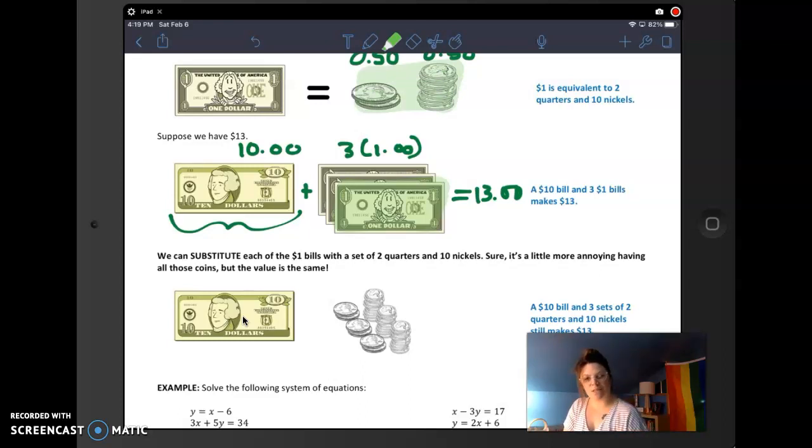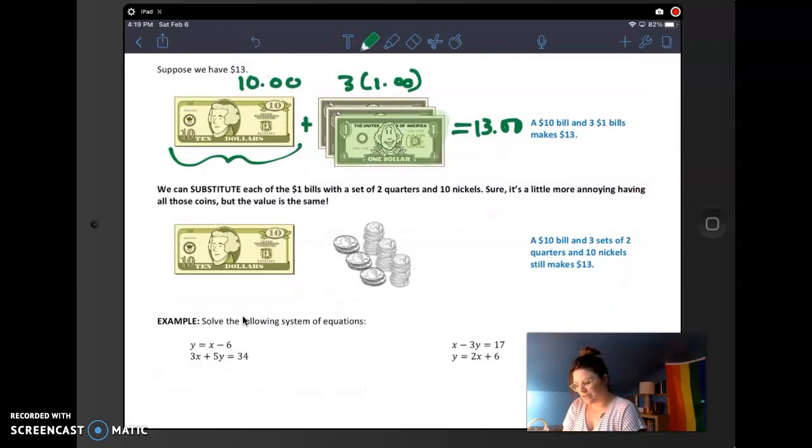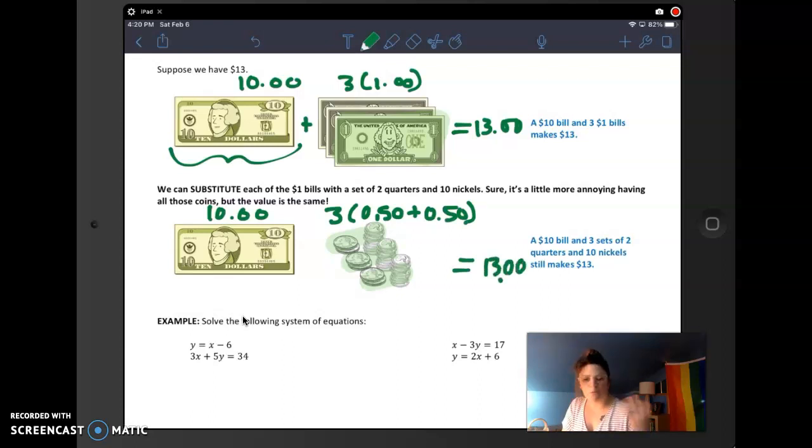So in this next image down below, it's still $10 here. But instead of having 3 $1 bills, we now have 3 stacks of coins that we know are equal to $1. So it's 3 times $1, but instead of having a $1 bill, we have a stack of 50 cents and another stack of 50 cents. And that's still equal to $13. We just have coins instead of dollar bills.